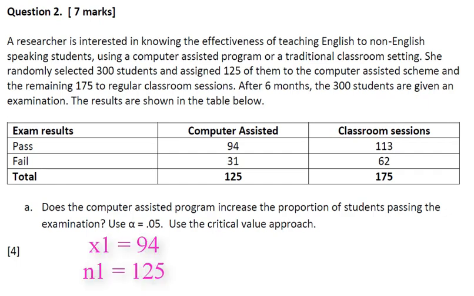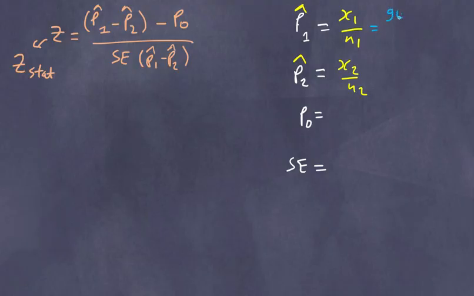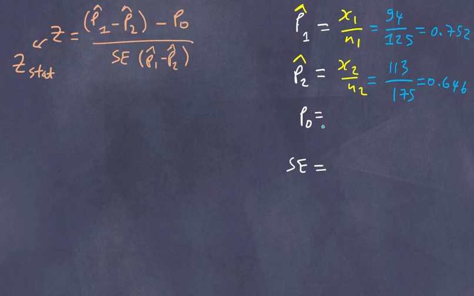N1, the sample size, is 125. And by the same token, x2 is 113 for the second group. N2 is 175, and 113 divided by 175 is 0.646. So P1 hat is 0.752.